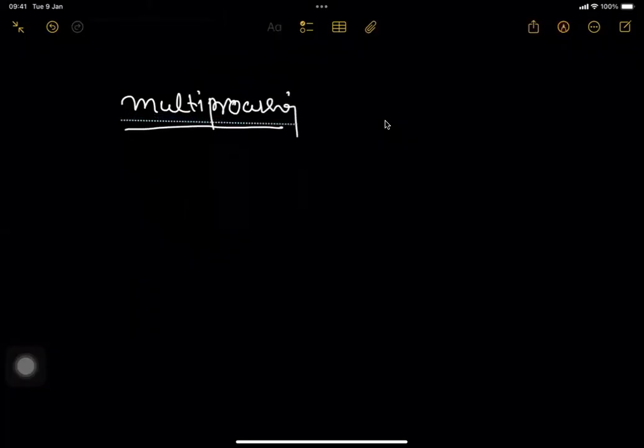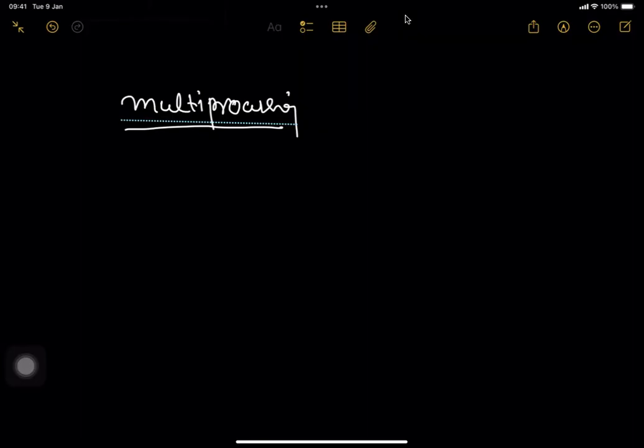So multiprocessing means, let's assume you see my screen. In your computer, just take an example, you are writing a Java program, and you can play a song as well, right? You guys are able to do that in your system.